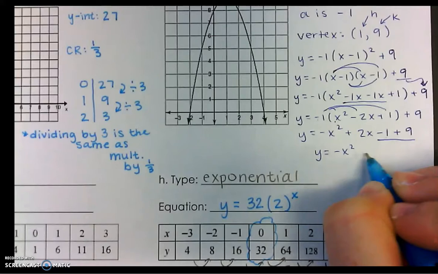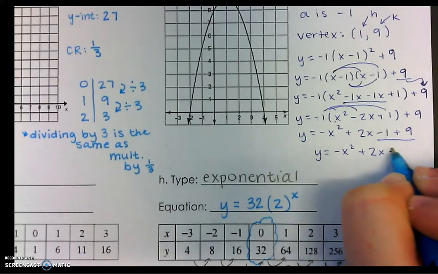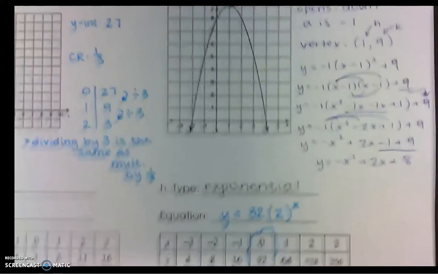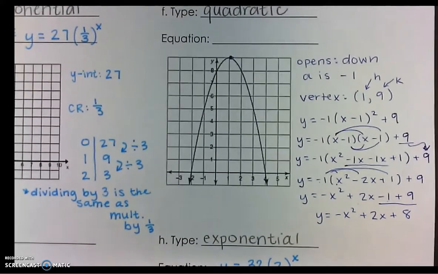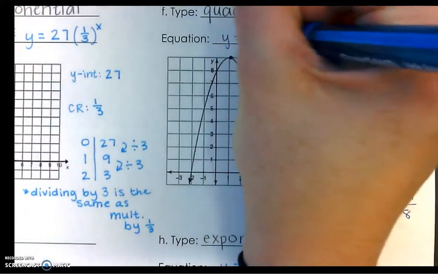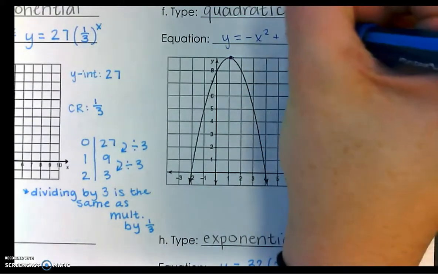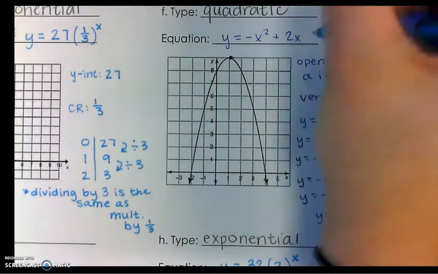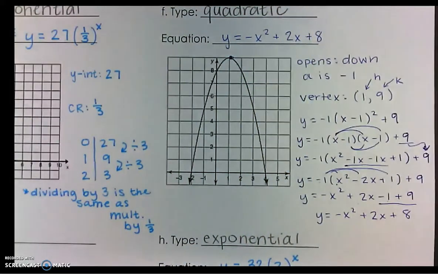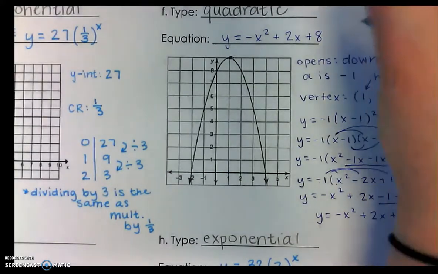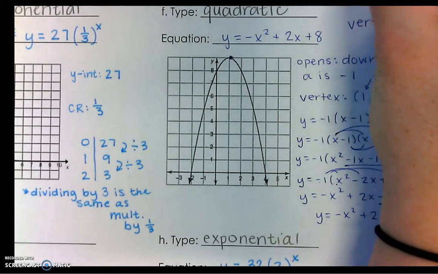That'll give me negative x squared plus 2x plus 8. That would be what I would write on my equation line: negative x squared plus 2x plus 8. So this is the vertex form method.